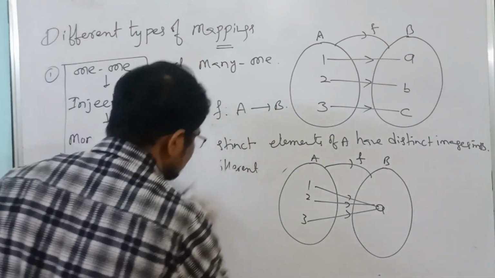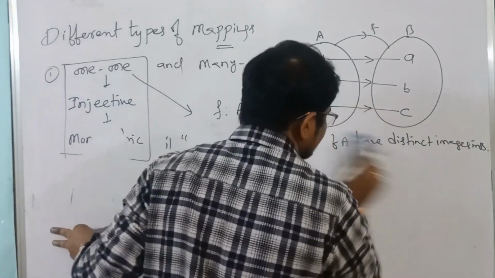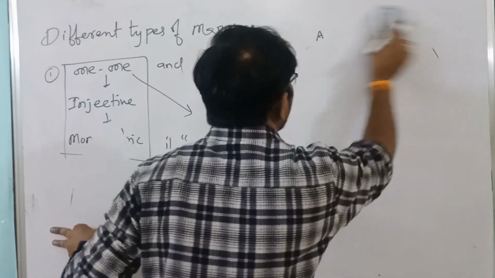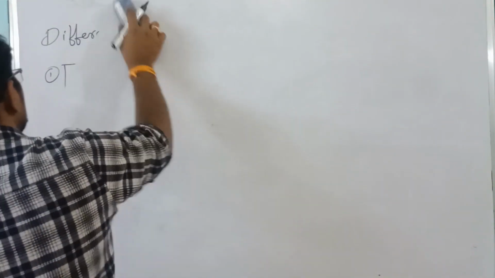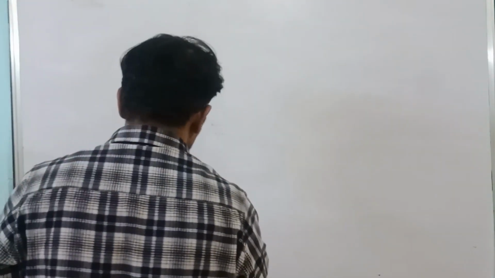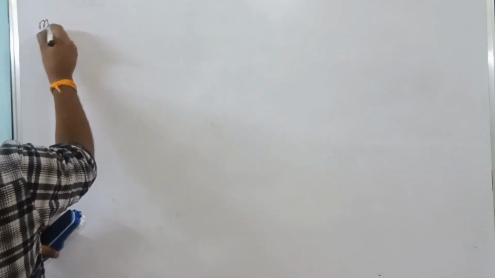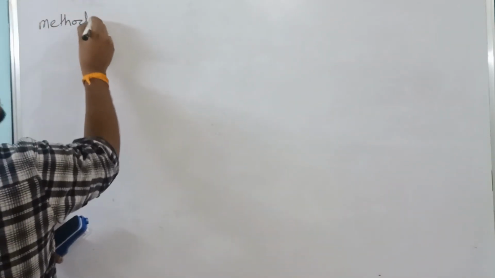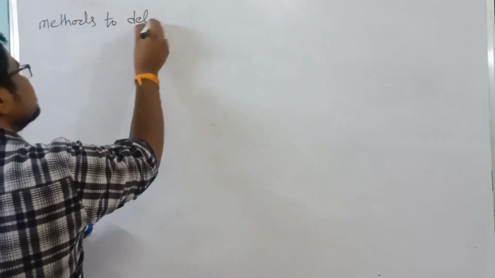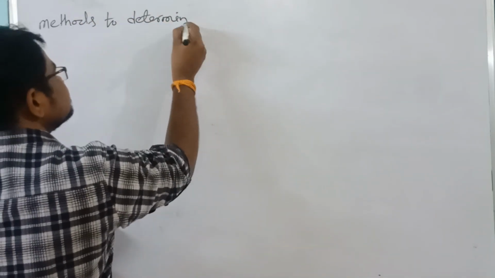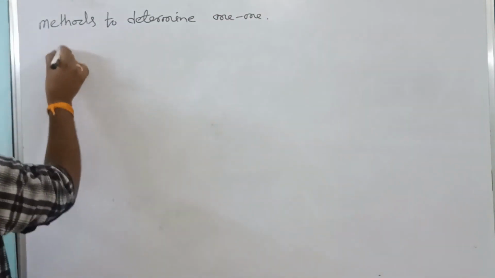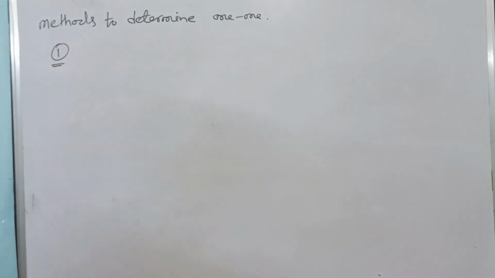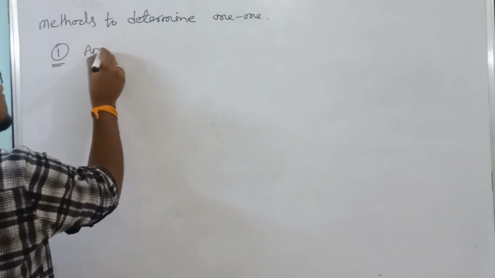Now these are the verbal descriptions for the 1-1 function and onto function. But how to determine a 1-1 function? Methods to determine a 1-1 function.